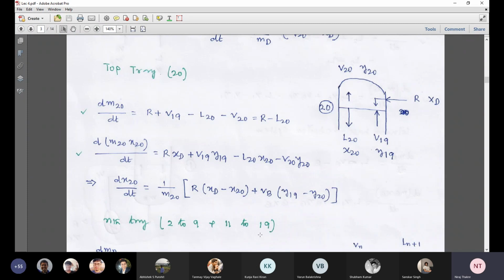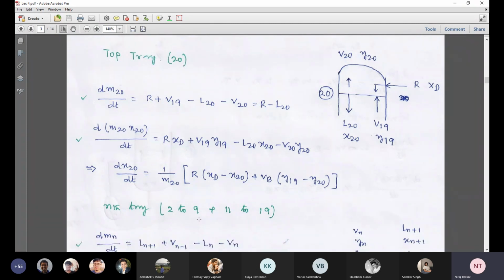In fact, the same is true for second to 9th trays. Only the feed tray has a little different notation because capital A and capital Z are involved with the feed tray. So we will model the feed tray separately. From second to 9th tray, and 11th to 19th tray, there is no difference in notation.